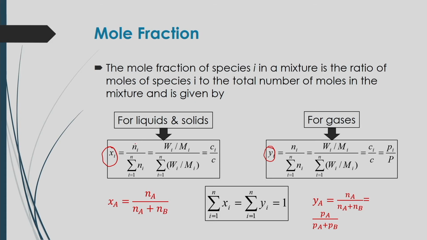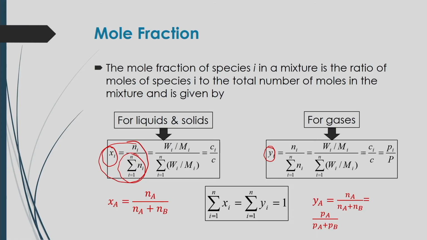Here, xi for liquids and solids equals the number of moles of i, denoted by Ni, divided by the total moles of components in the mixture, that is the summation of the moles of all the components. If you divide the individual number of moles by the total moles of the mixture, you can easily get the mole fraction of that individual component.